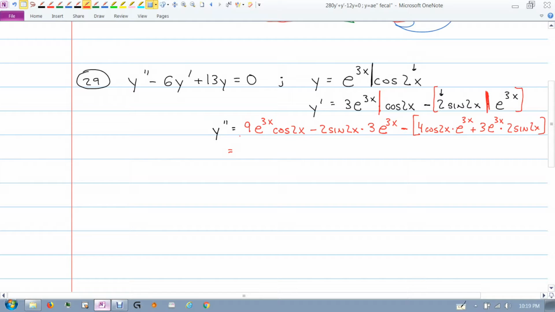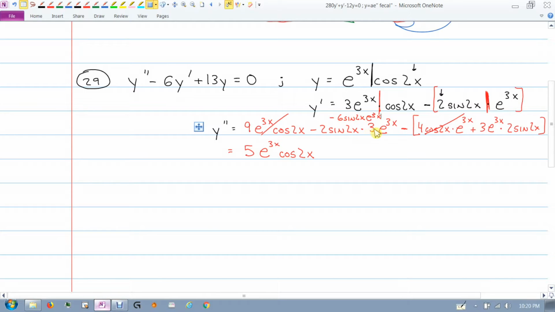See if I've got some like terms here. I've got 9e to the 3x cosine 2x, and then 4e to the 3x cosine 2x, and I'm subtracting 4, so that's going to mean I'm going to have 5 of those: 5e to the 3x cosine 2x. Okay, so I took care of that and that. And then I've got negative 2 sine 2x times 3, so that's really negative 6 sine 2x times e to the 3x.